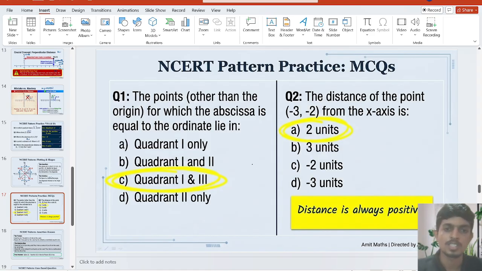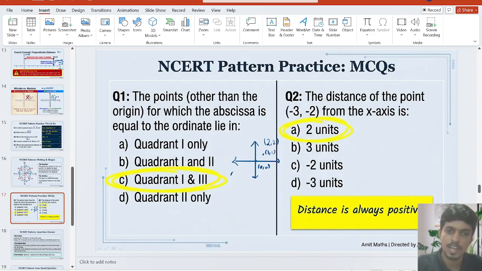The origin is 0, 0. Except the origin, points like 1 comma 1, 2 comma 2 lie in the first quadrant.